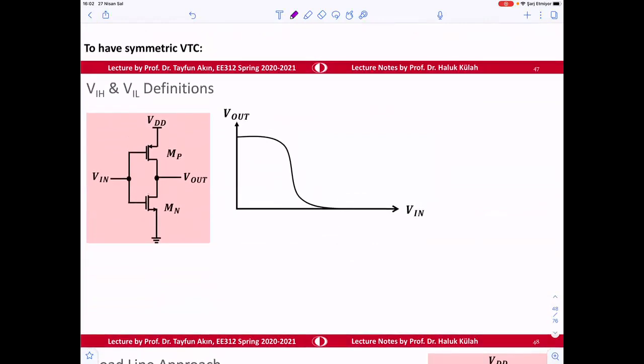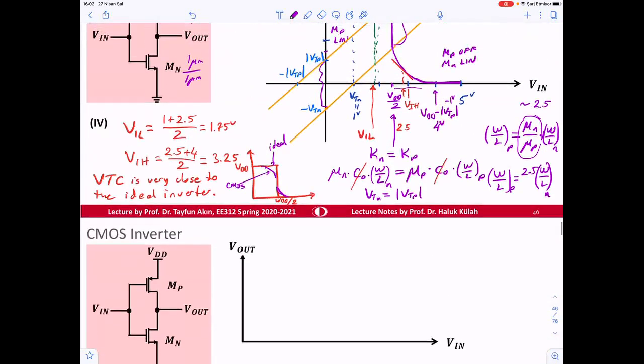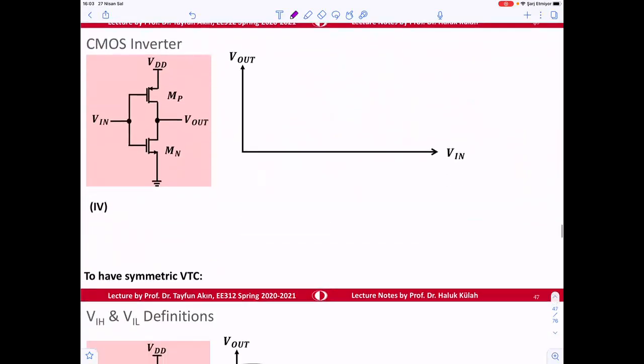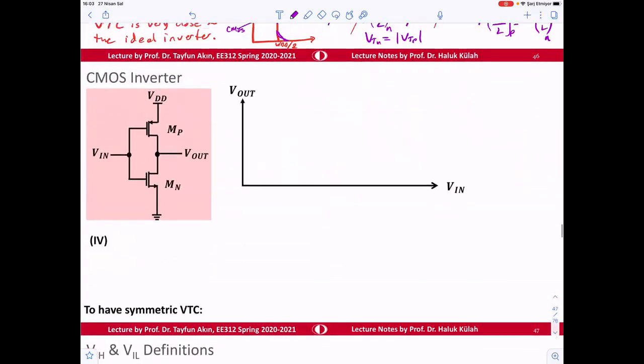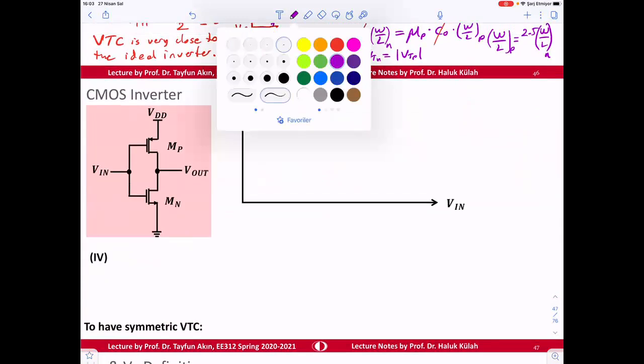The input high, input low definitions are already done here, in this graph. So I can skip some of the slides here. I want to show one more thing to you, but I'm not sure how to show that. Maybe I'll draw it here again.